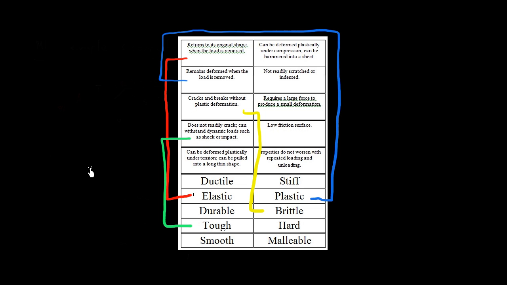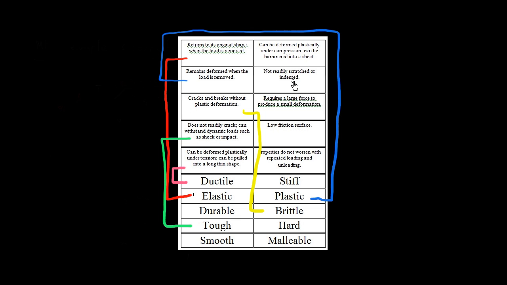So the word plastic, don't confuse it with the material. It's a property of how things deform, and if they remain deformed after you remove the force, then we say that that's plastic. So lots of metals behave in a plastic way, and if they can be formed into wires, then we say that that is a ductile material. Good. So that's all of that row.